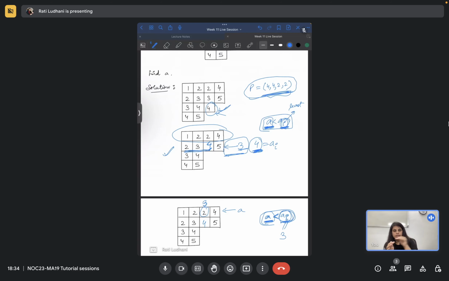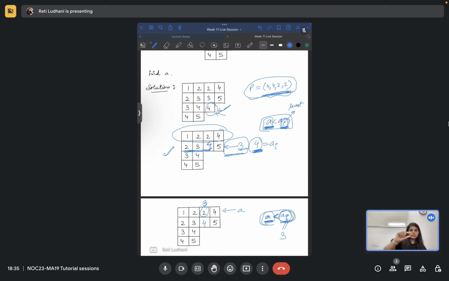Okay, so from the second row you look at when 4 will come out, so when a is less than ai, from there ai is your 4. So you will search for a number which is less than 4, and there are no places in between.